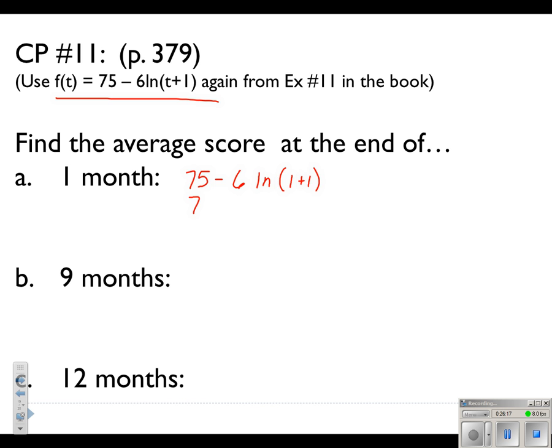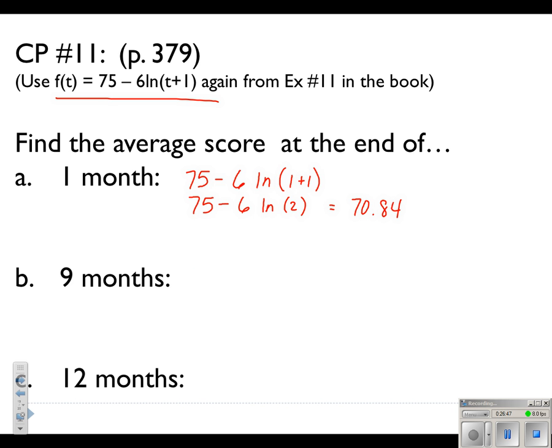And if we evaluate that, then 75 minus 6 ln of 2. Now when I entered this into my calculator, I just went from left to right. So I had 75 minus 6 ln of 2, and I hit enter. All right, so the keying in of this isn't any more difficult than that. Punch it all in at one time, and it gives us this value.